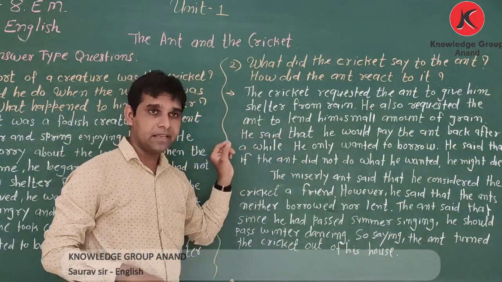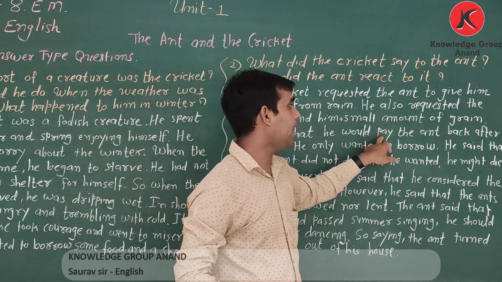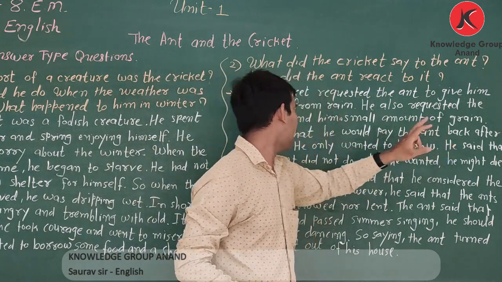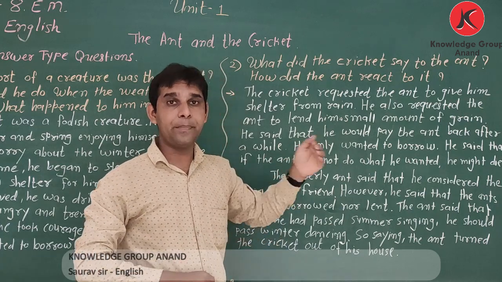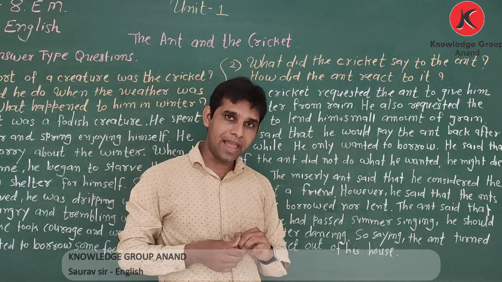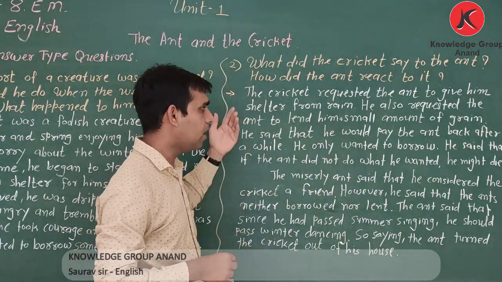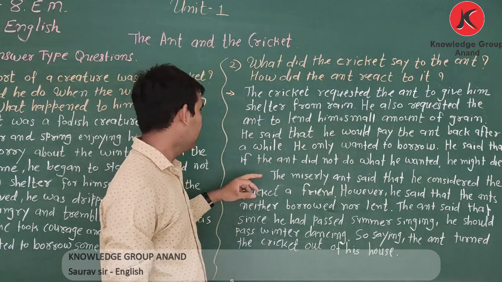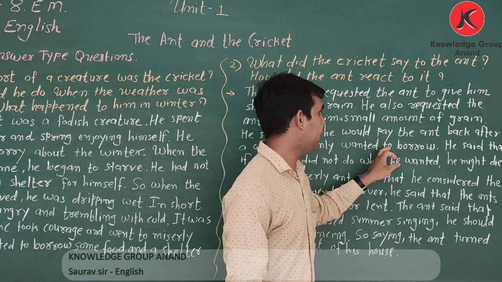He said to the ant that he would pay the ant back after a while. Then he would repay these things, shelter and food, to the ant. Not today, but after a while. After a few days. He only wanted to borrow.